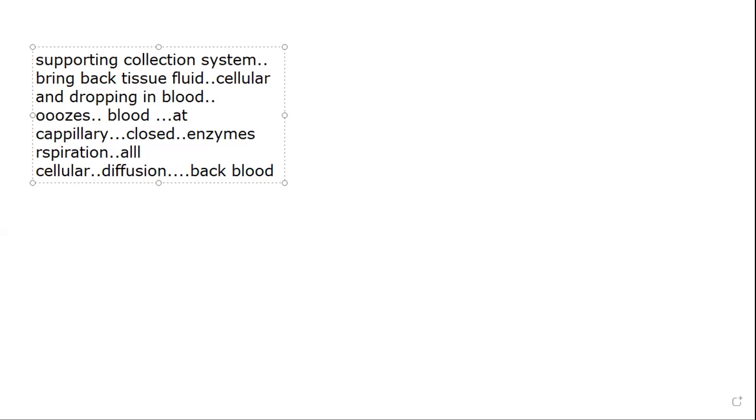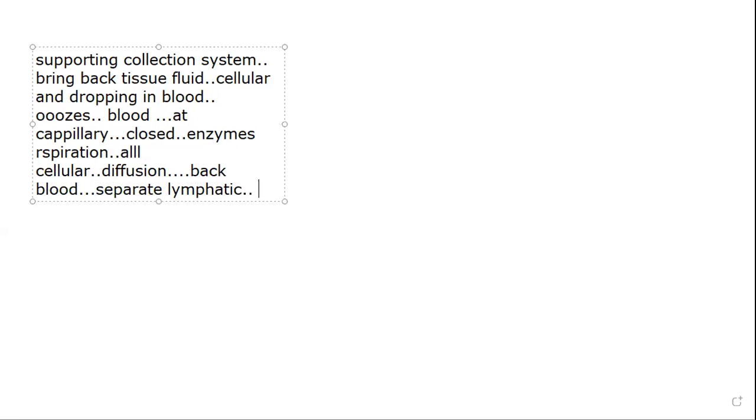Some of the liquid moves into the blood, but some of it is left between the tissue spaces, between the cellular spaces. That liquid left between the cellular spaces is brought back to the blood by a separate system of vessels, and that separate system of vessels is known as the lymphatic system.